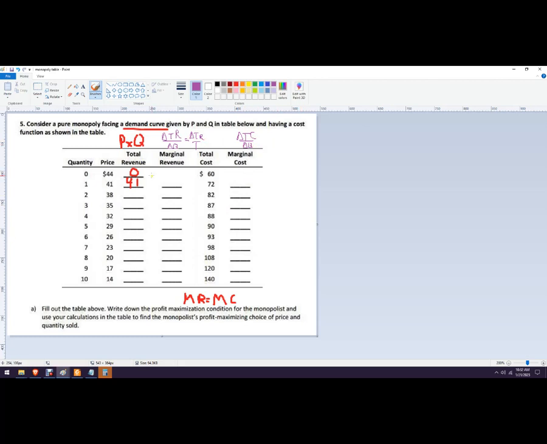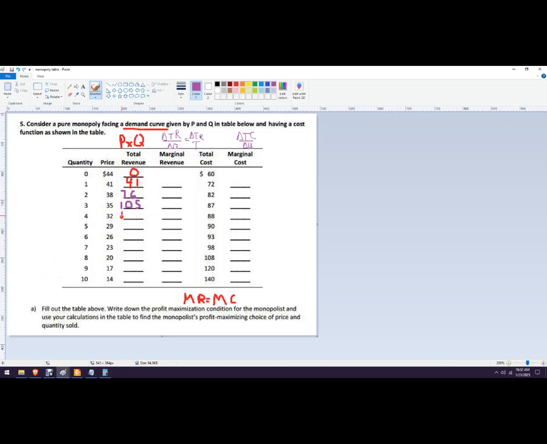Okay, so let's go through this. 38 twice is 76. And then 35 times 3 is 105. 4 times 32 is 128.